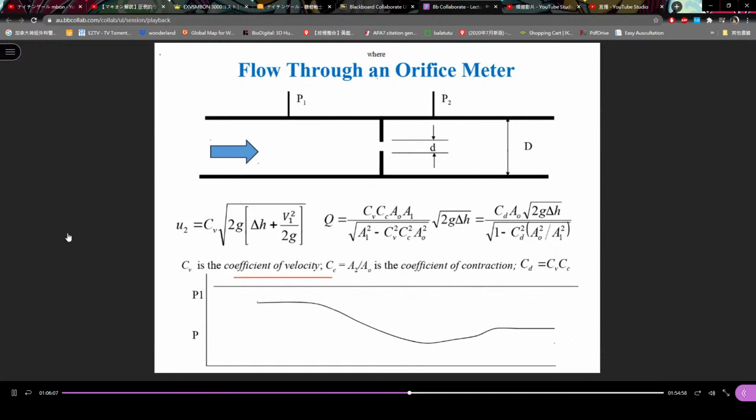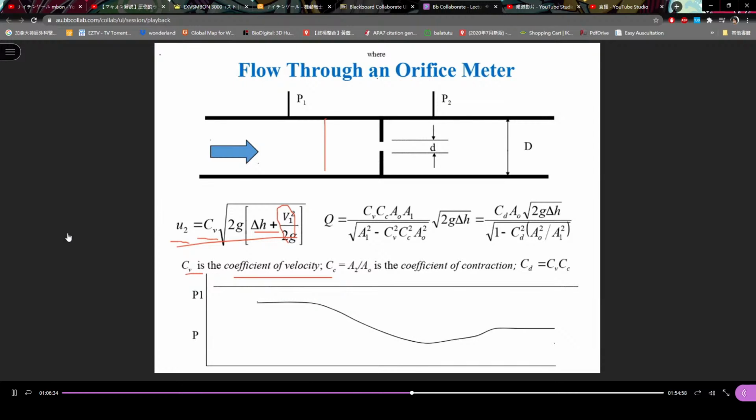When you calculate the velocity, you use CV. You know the two pressures, head difference, kinetic energy at entrance. Easy to derive this. You use CV, the coefficient of velocity, and CC is equal to A2 over A0. This is A0, the cross-section area.